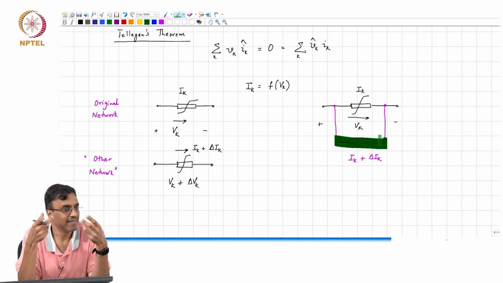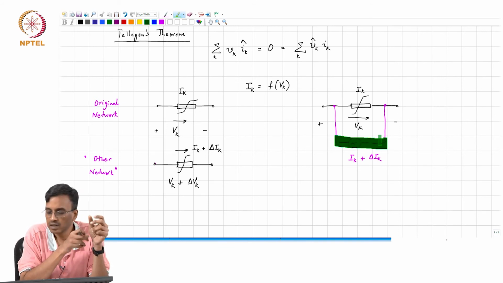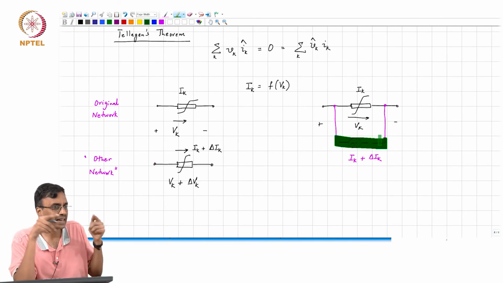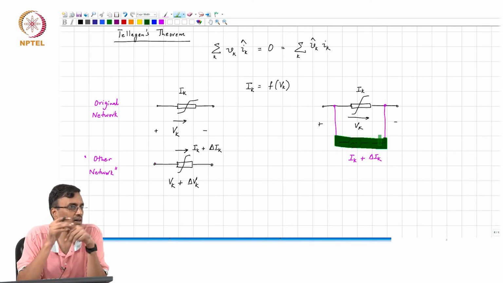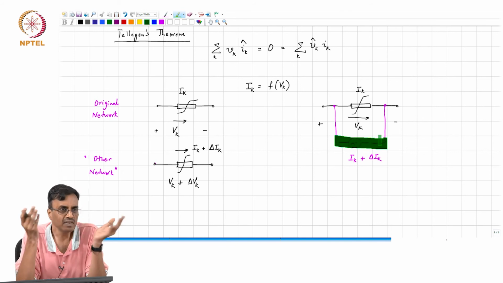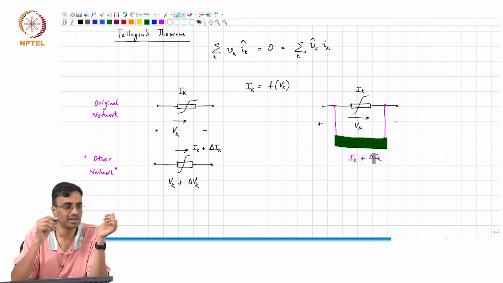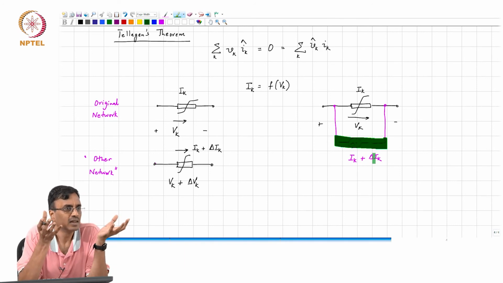In parallel with every branch, I've added Ik plus delta Ik. So what is the net current I've added at every node in the network? It is 0. Does it make sense? Because all these Ik plus delta Iks must satisfy Kirchhoff's current law, correct?